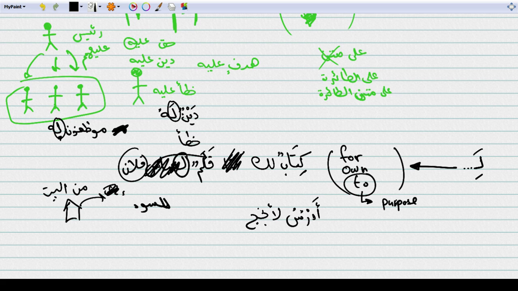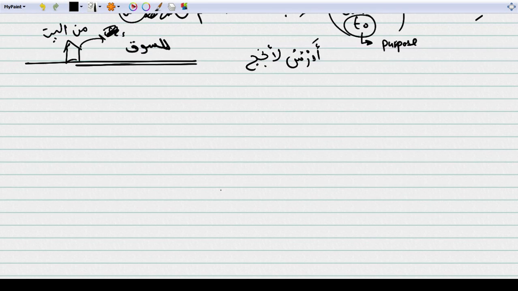للسوق. Now there's something, maybe this needs more space to be clarified. When li comes with al, you remove this alif and it becomes like this. It's very, very common.